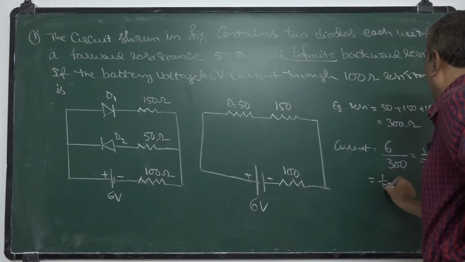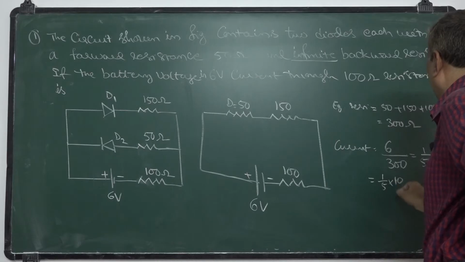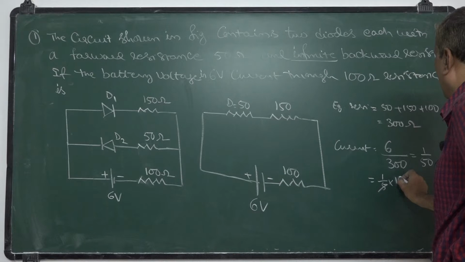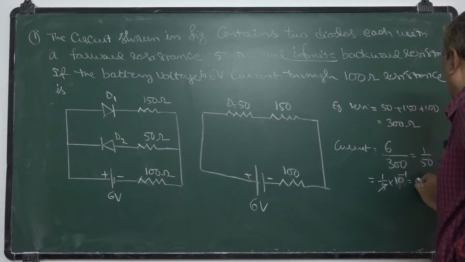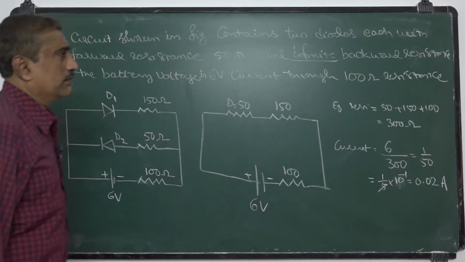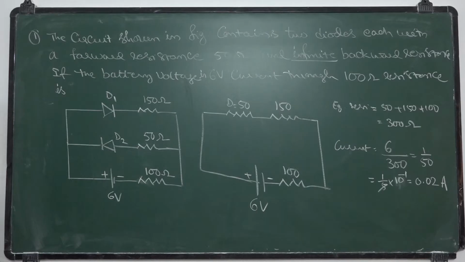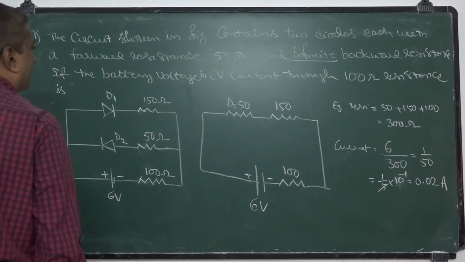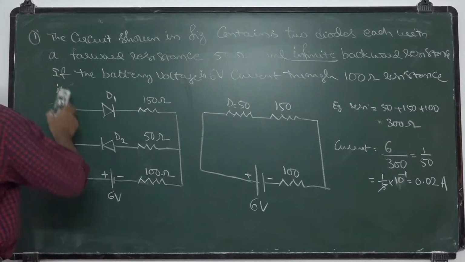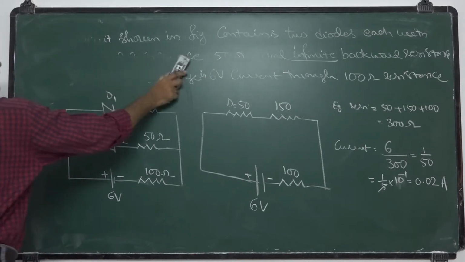That is 1 by 5 into 10 to the power minus 1, that is 0.02 ampere. Now the second one.